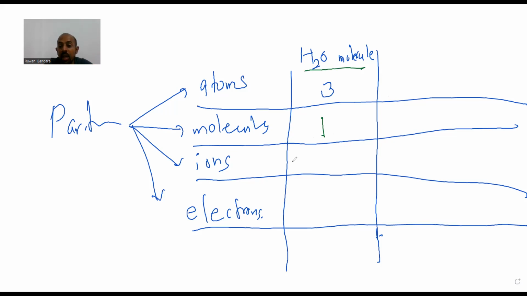How many ions are there? Two plus two. What are the two ions that you have?